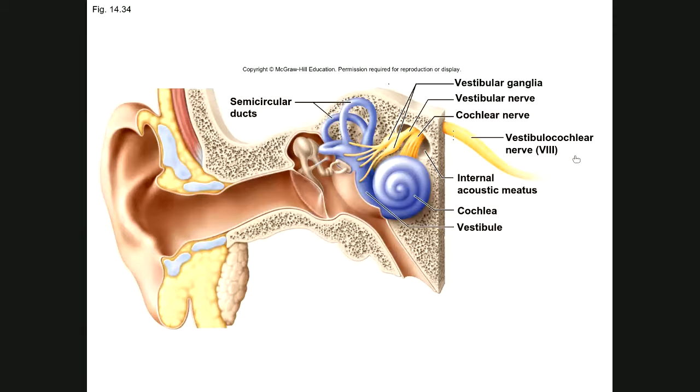Now, the word auditory can also be used. However, vestibulocochlear nerve gives you the full function of the nerve. What functions does this nerve have? It has 2 functions, a vestibular function and a cochlear function. So what do these 2 functions refer to?